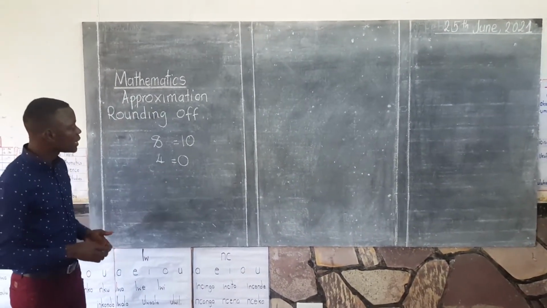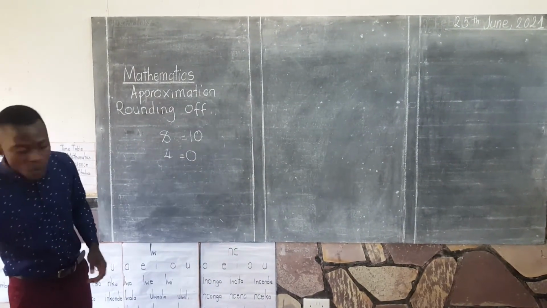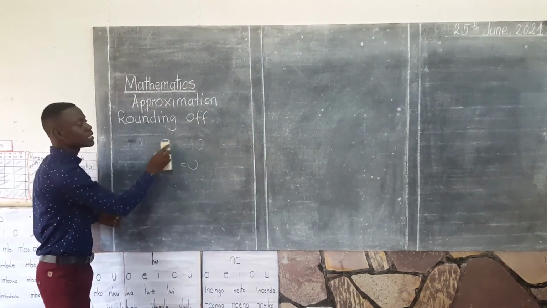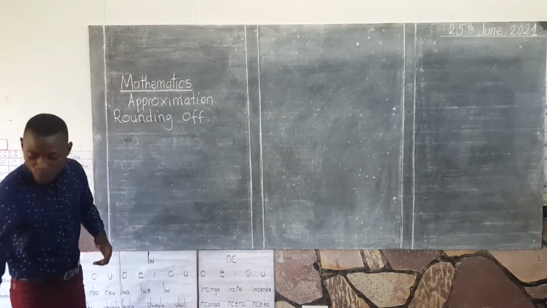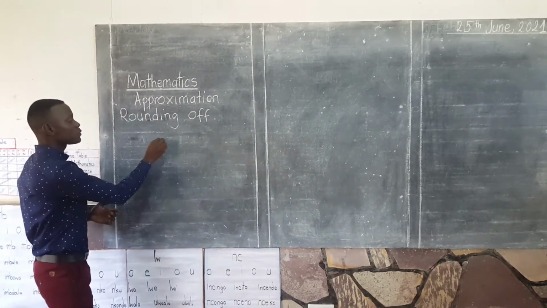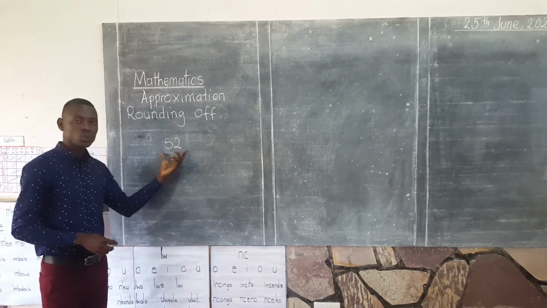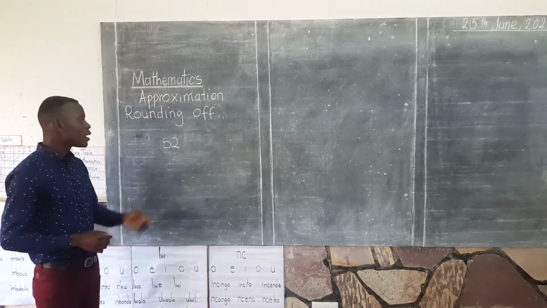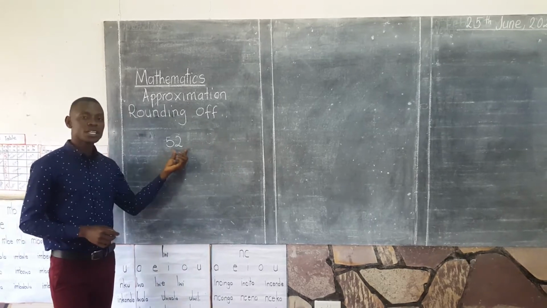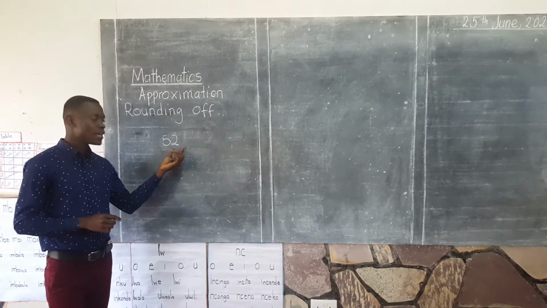We also looked at numbers based on these principles. If you are told to round off 52 to the nearest tens, first you check the last digit.